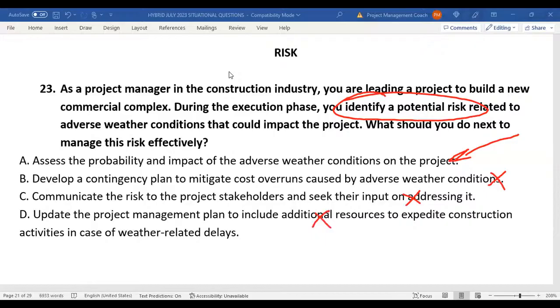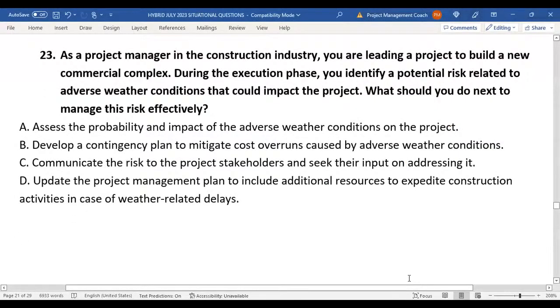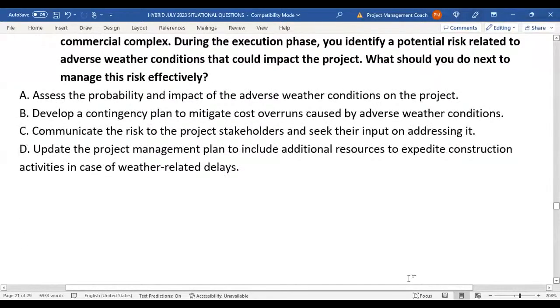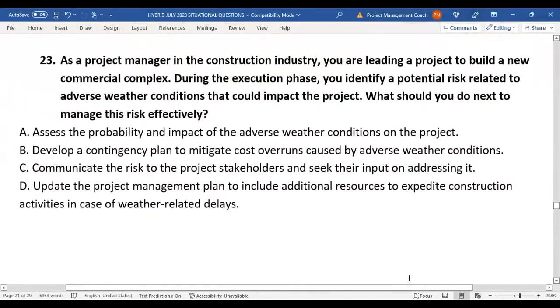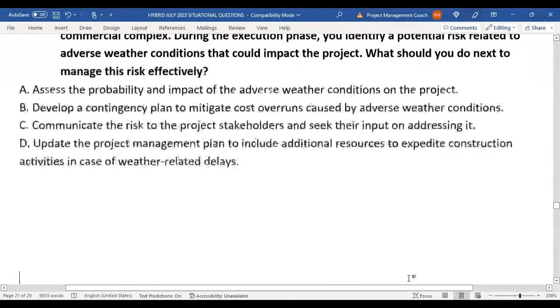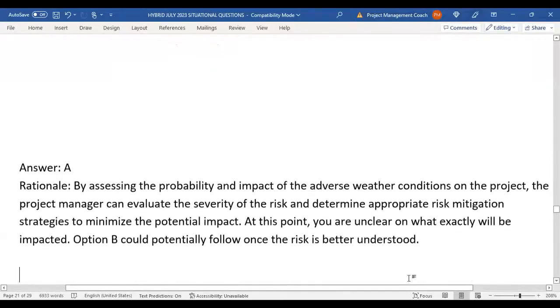Okay, so the best answer in this example, in this question, my friends, is A. I know B looks very appealing, but you wouldn't jump into a contingency plan without really understanding what if the probability and the impact are very minuscule, because the question just says you identified a potential risk, right? It didn't say if it's a big risk or big probability or big impact. So the best answer is A.